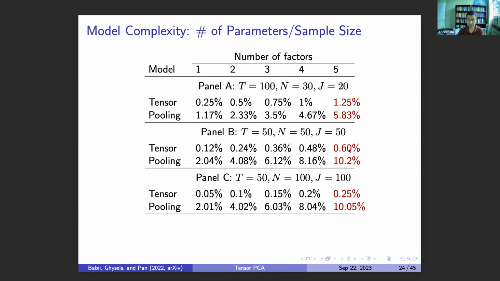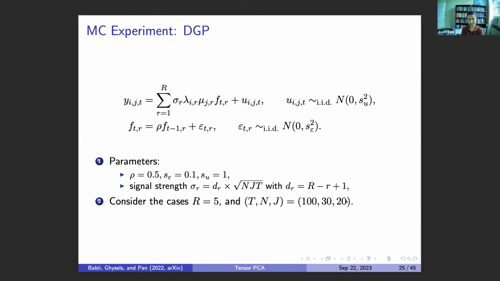Sometimes the improvement in the ratio of parameters to the sample size is by more than a factor of 10. For example, here and here, we get an improvement by a factor of almost 40. So we have a smaller number of parameters that we need to fit for a fixed sample size, and so we can expect to get better results. We can expect that we would estimate factors and loadings more precisely if we use the tensor dimension.